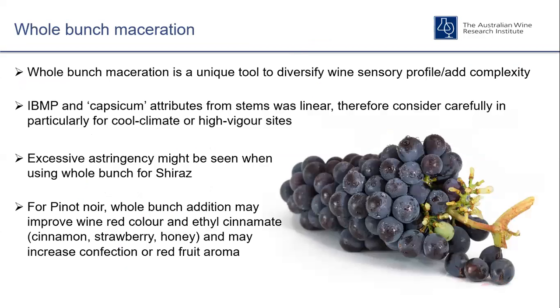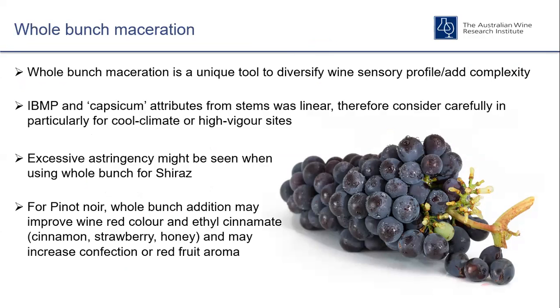So here we really see that using whole bunch maceration is a tool to diversify the wine sensory profile, potentially add complexity to the wines. But a strong cautionary note here is that the capsicum attributes, which come from the IBMP, is linearly related to whole bunch inclusion. And therefore, using it should be considered very carefully in cool climate or high vigor areas.